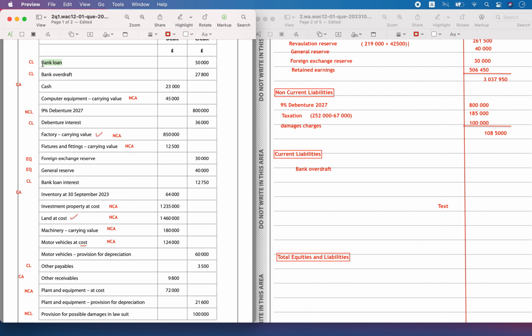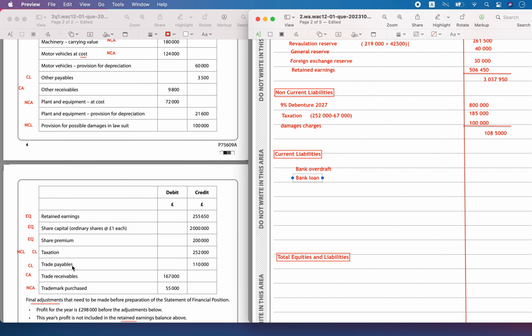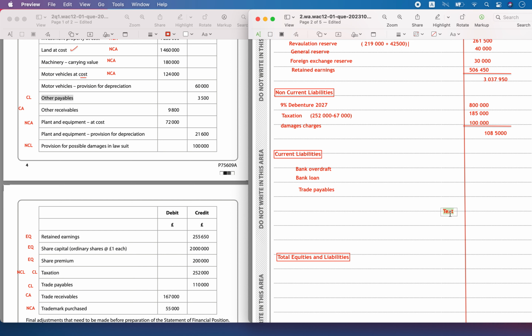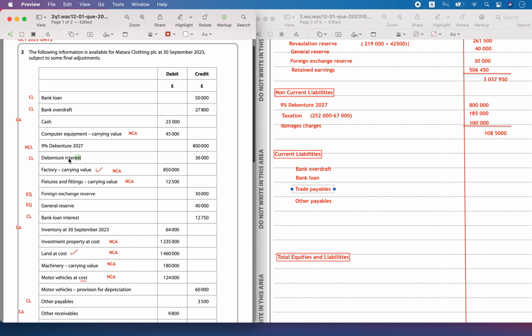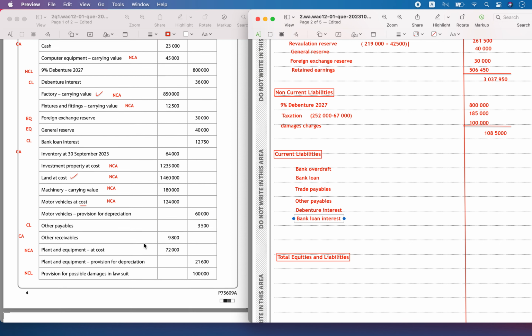You have the bank overdraft, then the bank loan, then the trade payables and other payables, then the debenture interest, bank loan interest, and then the dividend payable.